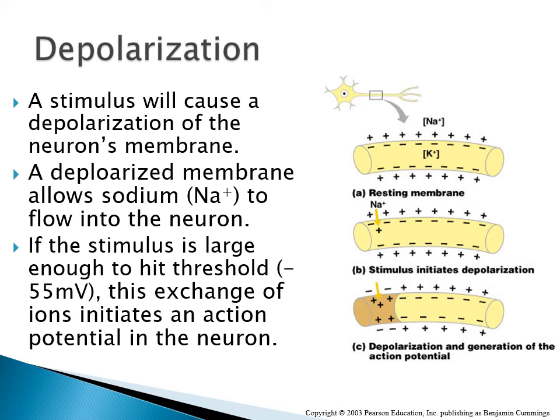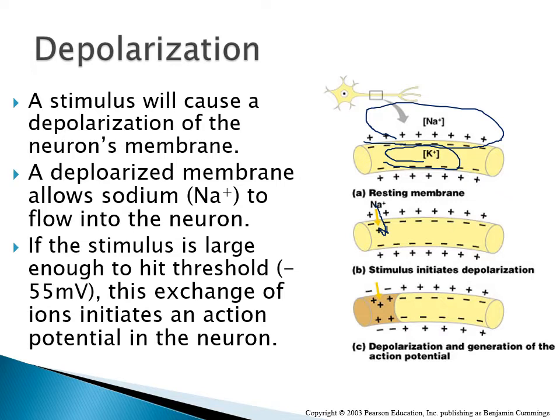So what's going to happen is a stimulus is going to take place. And a stimulus, no matter what the stimulus is, is going to cause a depolarization. What that means is that sodium ions, which remember we have more sodium outside and more potassium inside, are going to move into the cell. That's going to depolarize, so it's going to make the inside less negative.